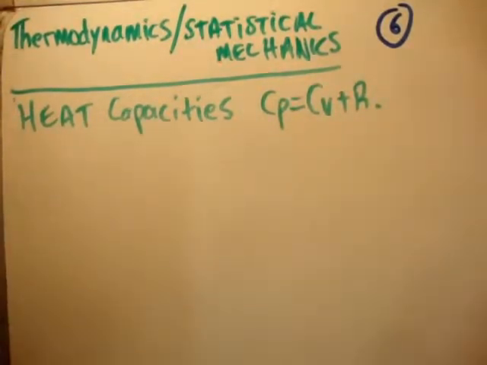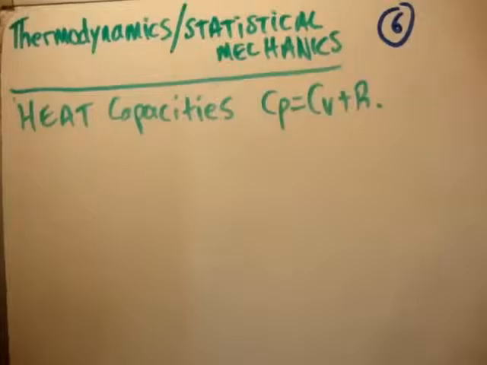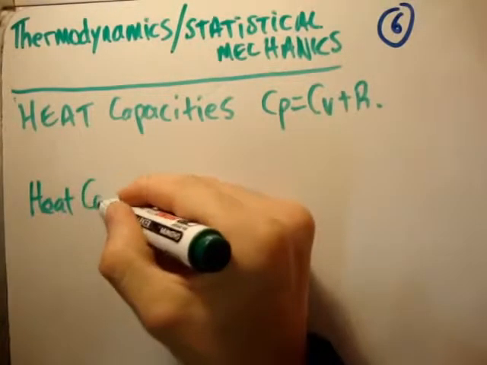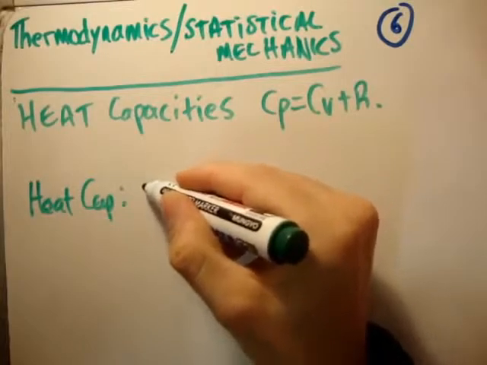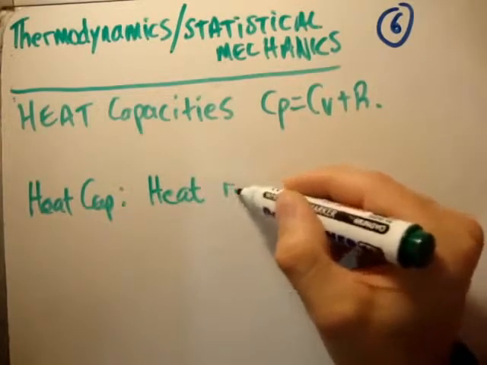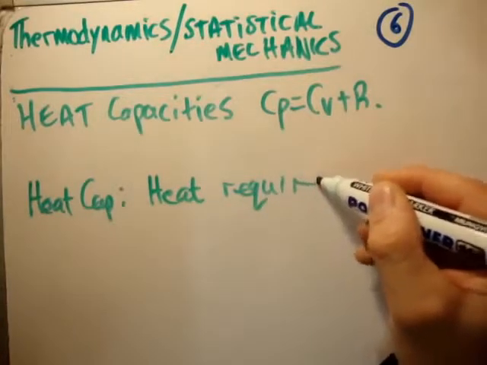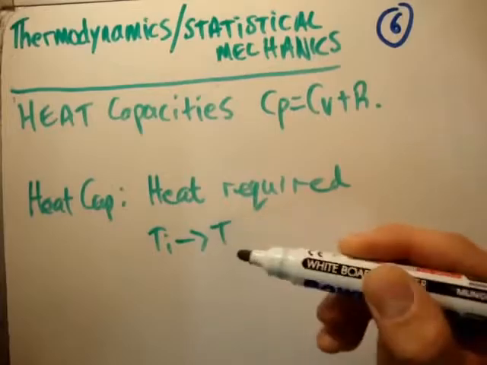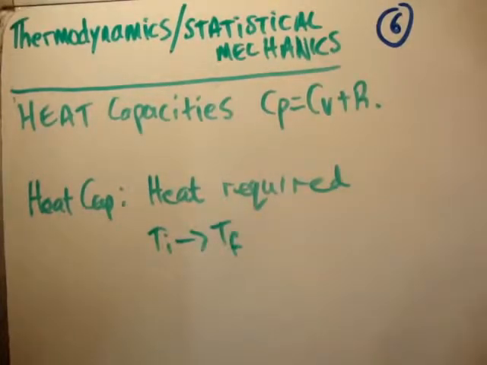So the first thing I need to discuss is what is a heat capacity. A heat capacity is the amount of heat required to go from the initial temperature to the final temperature.